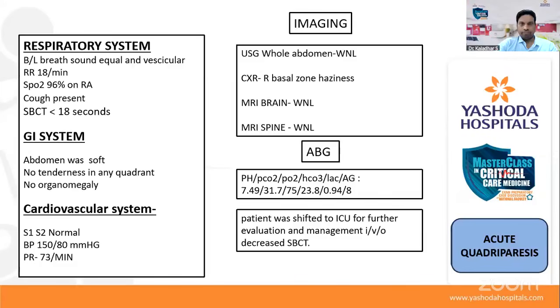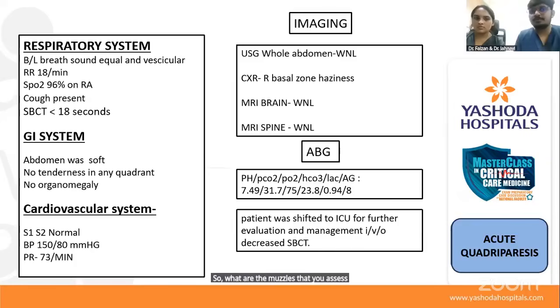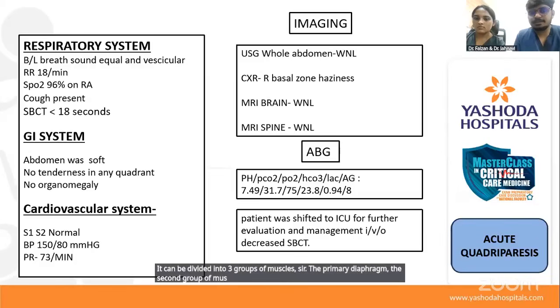So, when you are clinically assessing, especially from the point of respiratory muscles, what are the muscles that you assess? They can be divided into three groups of muscles. The primary is the diaphragm. The second group will be the chest muscles, and the third group will be the accessory muscles for respiration.